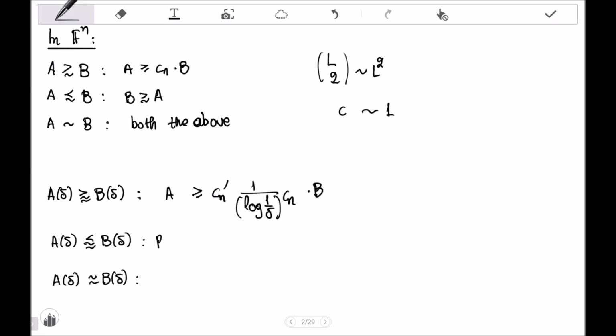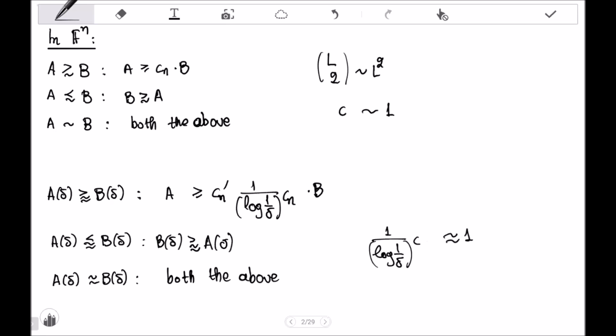Of course, this second thing means the reverse, that B is bigger. And both the above mean that the two quantities are comparable in this sense of two wiggles. The idea here is that 1 over log of 1 over delta to powers is just 1. Okay. So we're going to be using this stuff.